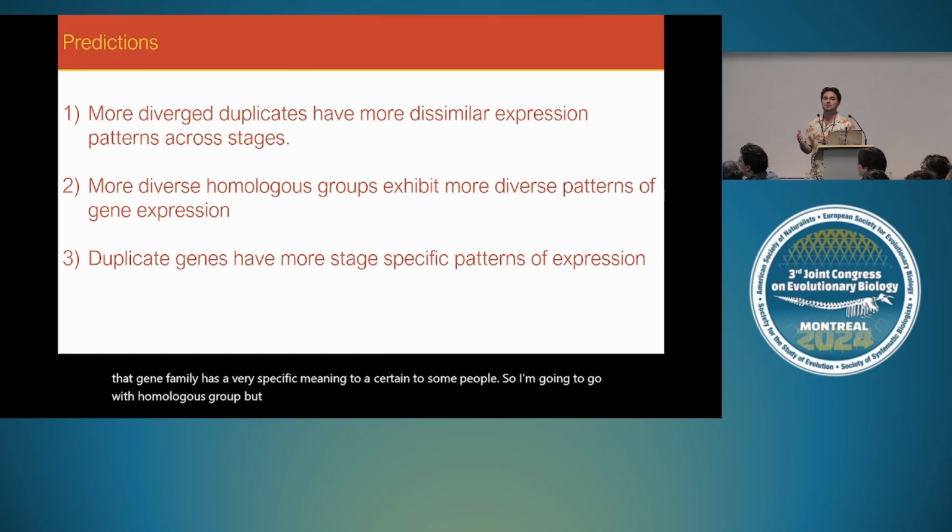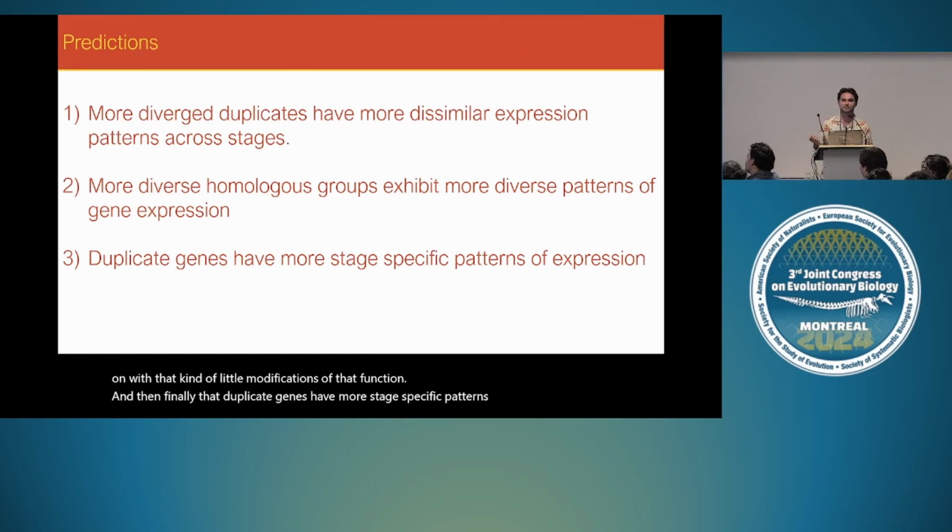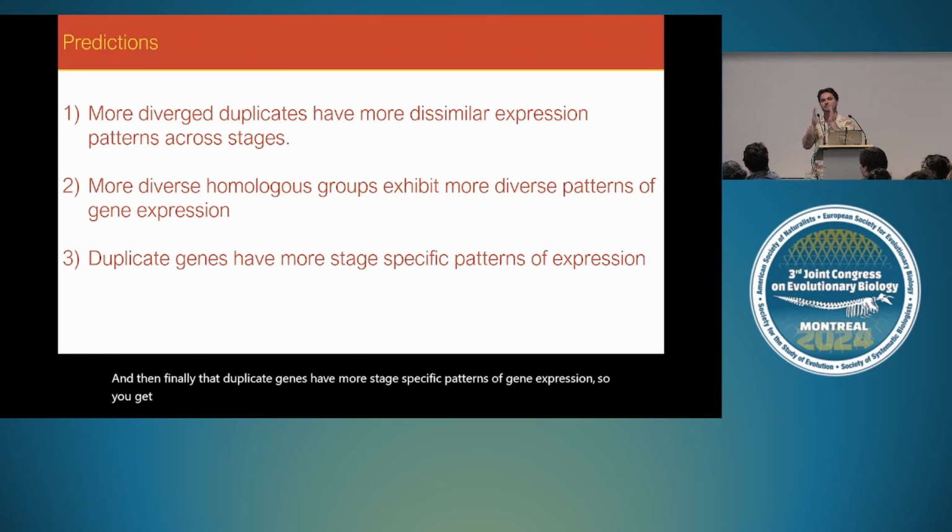Basically, the more a homologous group, a set of duplicate genes, has diversified, the more different patterns of expression you're going to get, with more little modifications of that function. And then finally, duplicate genes have more stage-specific patterns of gene expression. So you get more temporal specificity in when it's expressed across ontogeny.